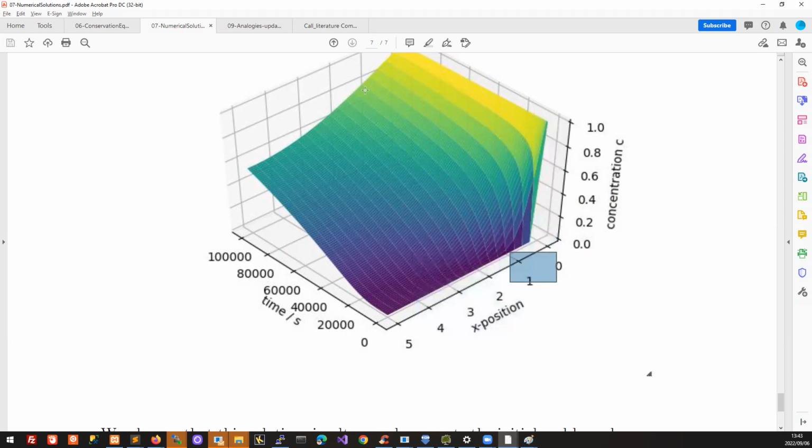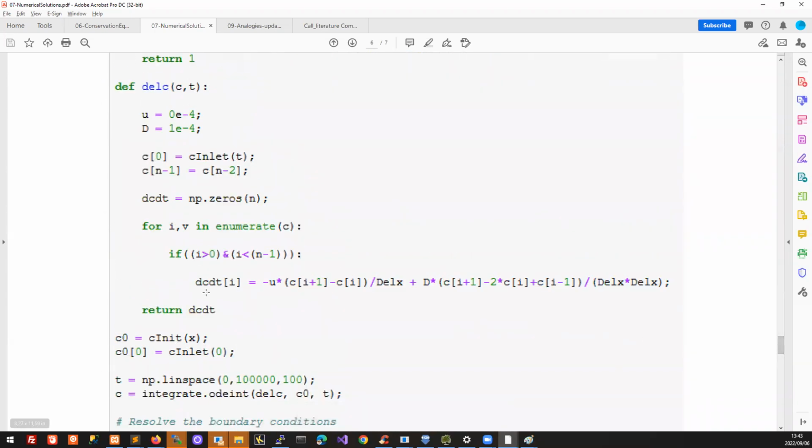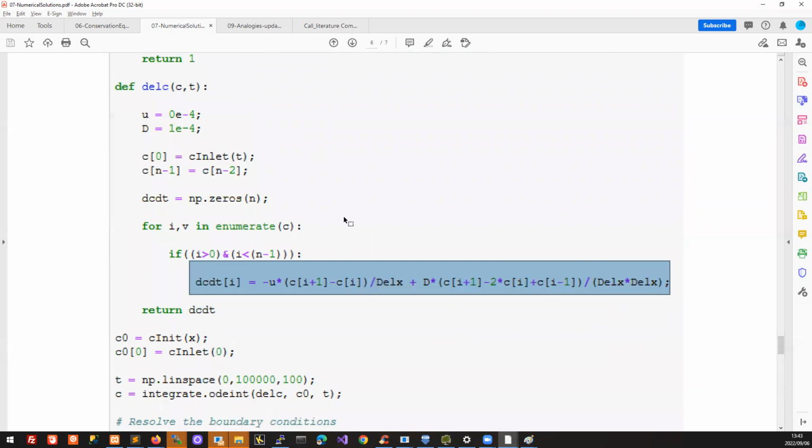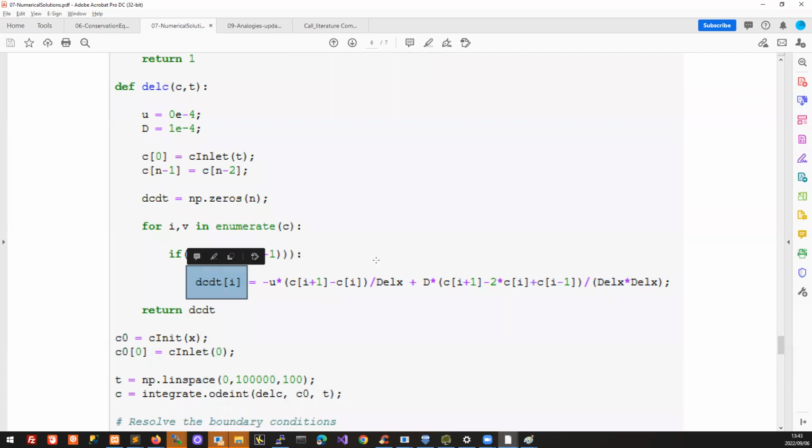And so we've got the concentration rising as time passes. So that is all solved using the same method that we just talked about. If you look here, we are doing nothing but evaluating the derivative, and then we are stepping forward that derivative as we described earlier.